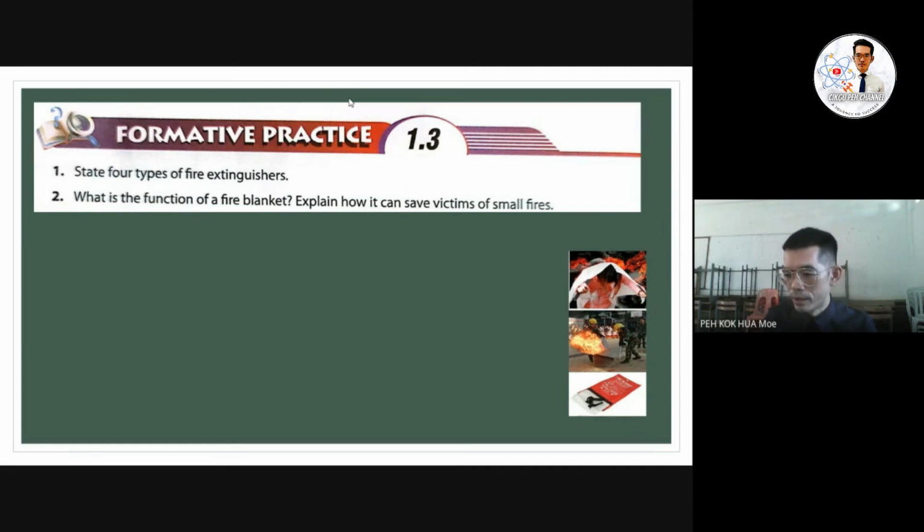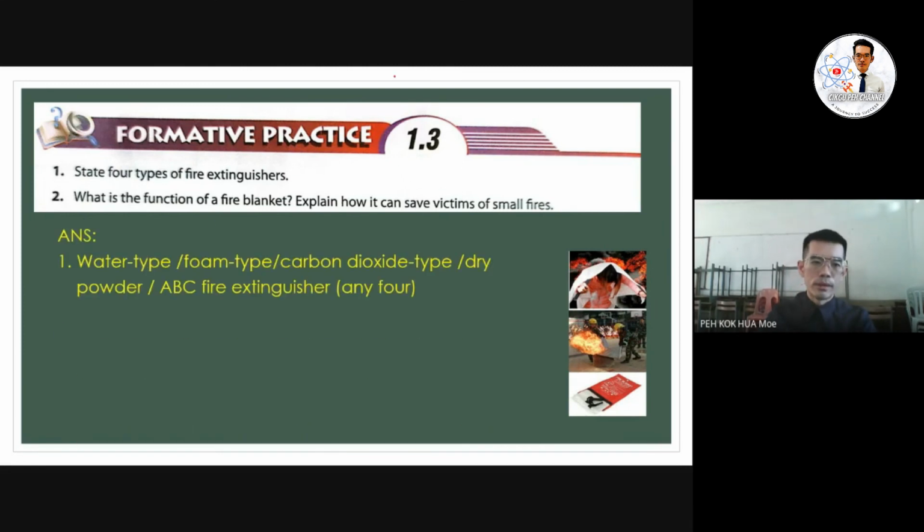Foam, water, yes, and then carbon dioxide, and one more. Water, Xi Yu. So yes, these are the 4 types: water, foam, carbon dioxide, dry powder. Good, Sharon.